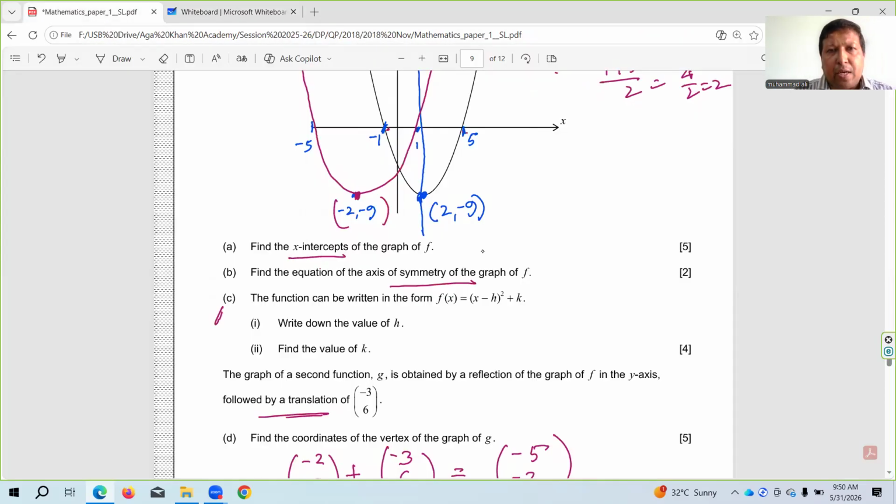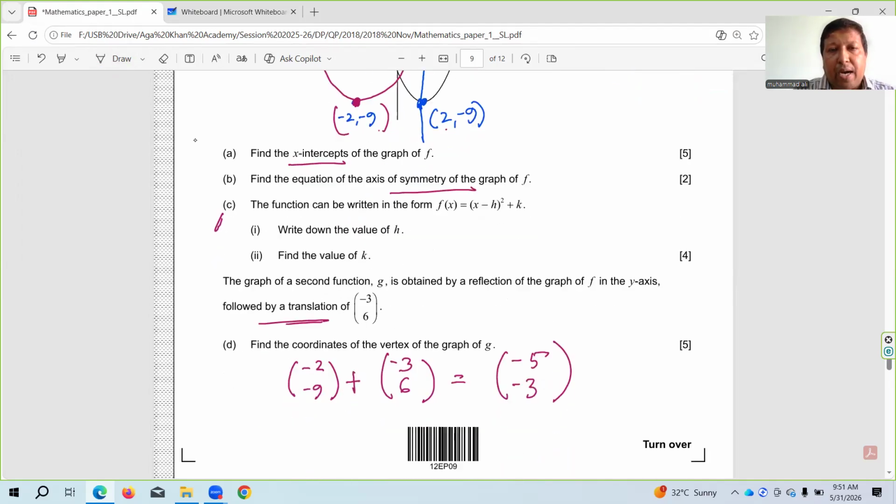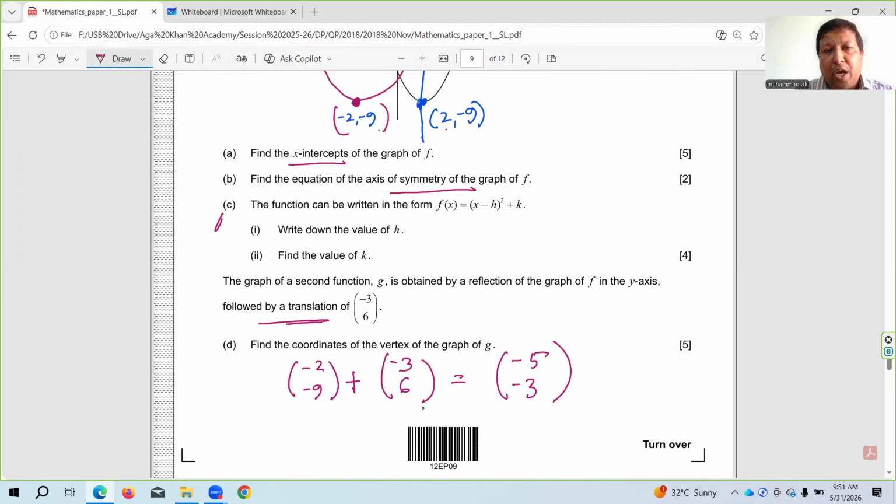After that, this graph, the function f, is reflected. All the x values will be changed: 5 will convert to minus 5, minus 1 will convert to plus 1. The vertex will convert from (2, -9) to (-2, -9). After that, this is translated by (-3, 6), so we have to add this. Then we finally get the new vertex of graph g.